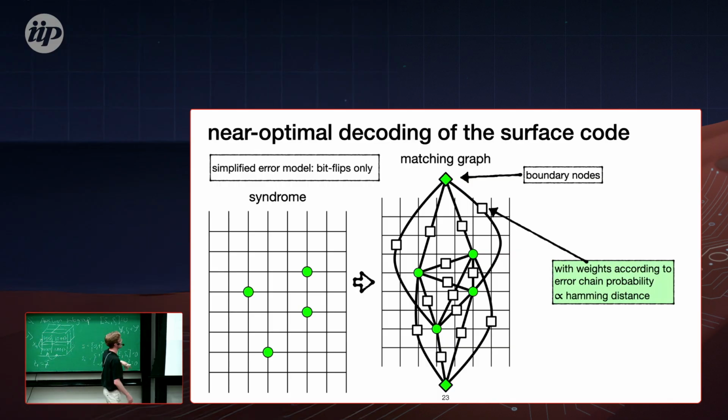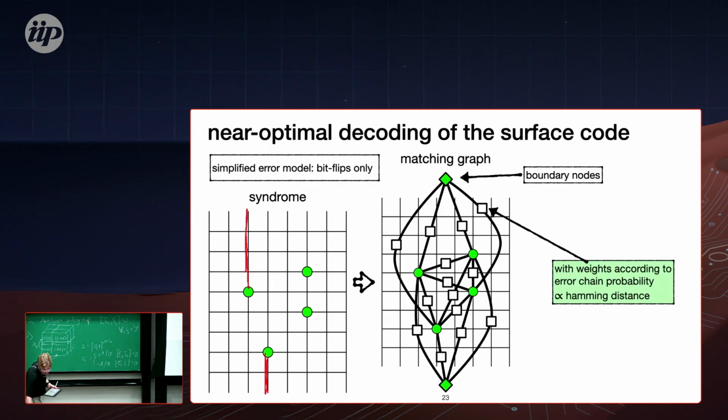I just try to find some string that matches these syndromes, because then I can draw these string-like errors that will annihilate these excitations. But now I will put connections between every single one of these excitations. And what I also put is boundary nodes, because on this surface code, we can also connect to the boundary.